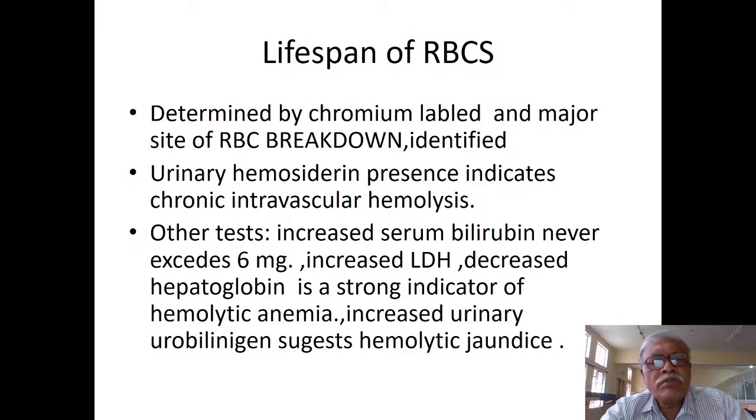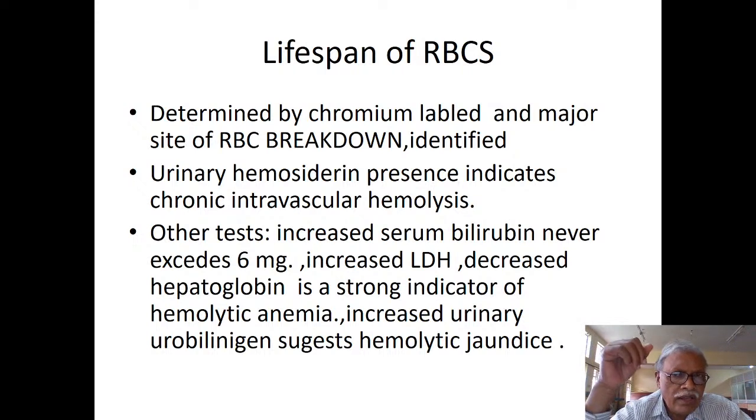Of course, Coombs negative hemolytic anemia can be present due to other drugs or mechanical processes, or in people who are put on hemodialysis, where the pump usually pumps with a greater speed. It pumps the blood in the machine. That can damage the RBCs and produce non-immune mediated hemolytic anemia.